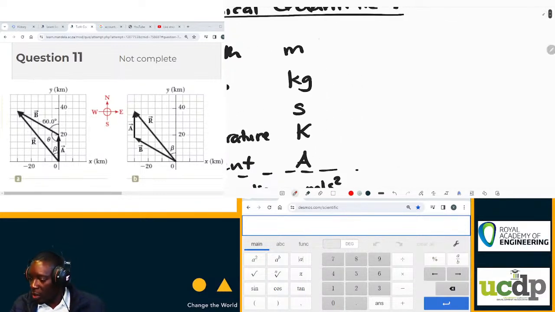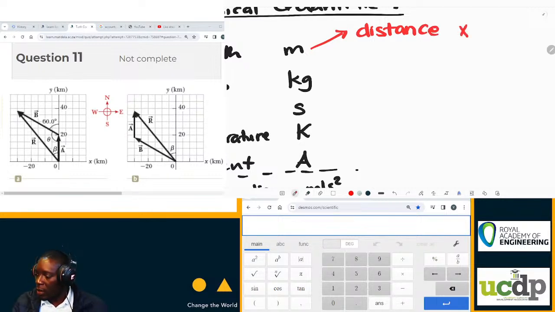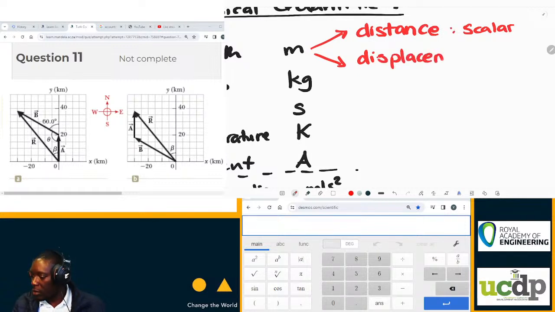If we talk of distance, then this one is a scalar. But displacement is distance in a specified direction. That makes it a vector.